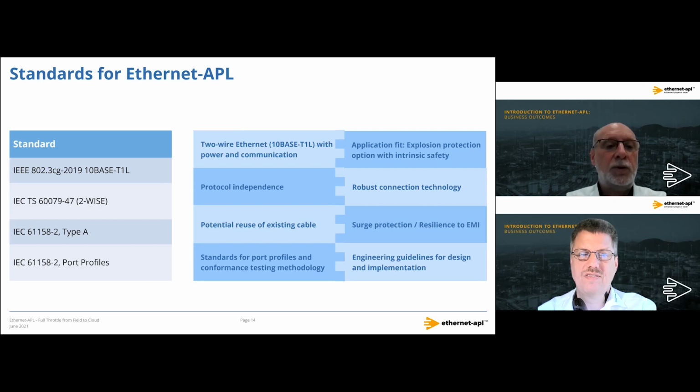And soon we will have an extension of this IEC 61158-2 standard by the port profiles. These standards ensure that we have protocol independency, that it's robust, and we can reuse existing cable, and we ensure the interoperability between the devices, as well as easiness of installation and commissioning of an Ethernet-APL network.